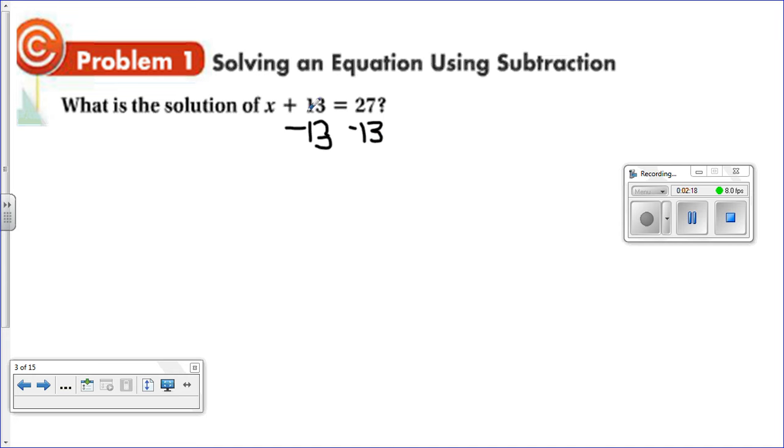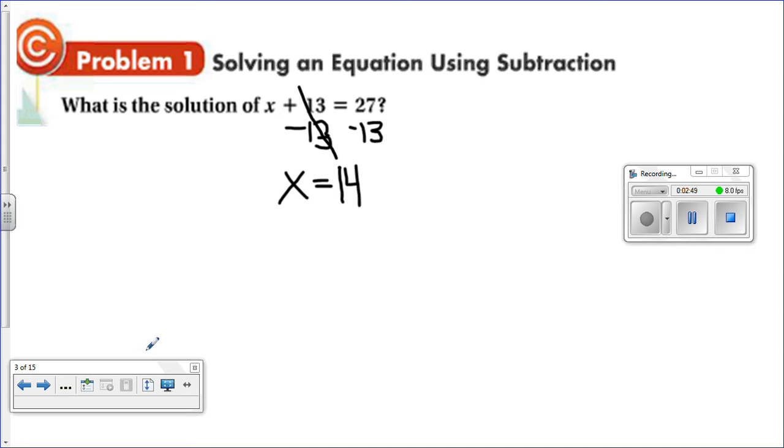Okay, now when you do this, what you're doing is you're performing the inverse of adding 13. So when you add 13 and then you do the inverse, which is subtracting 13, you basically get 0 right there. It's x plus 0. And so it cancels each other out. So now we're just left with x on that side. And on this side, we are left with whatever 27 minus 13 is, which is 14.